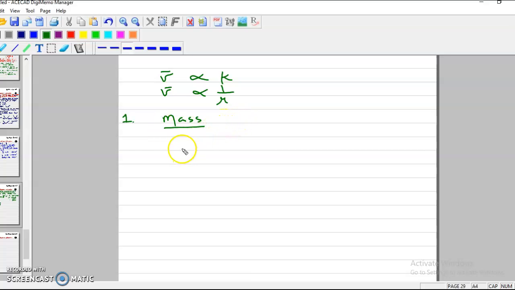Particularly reduced mass. Okay, so if reduced mass, that is mu, increasing, then you know it is inversely proportional, so wave number will decrease. For example, CH bond, in which m1 will be the mass of carbon and m2 will be the mass of hydrogen.